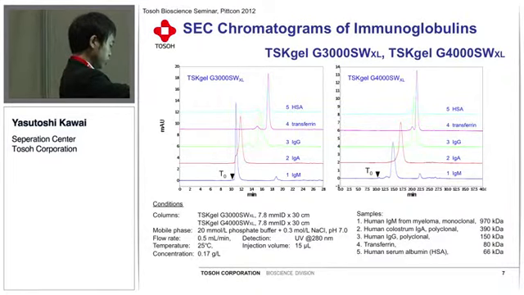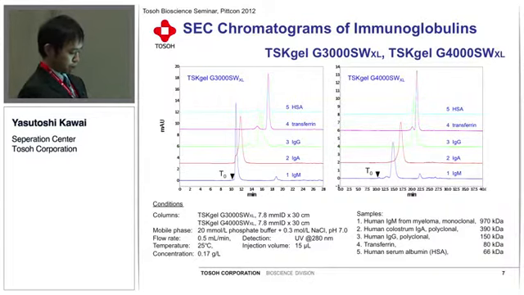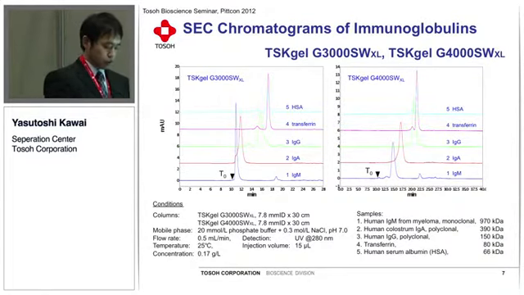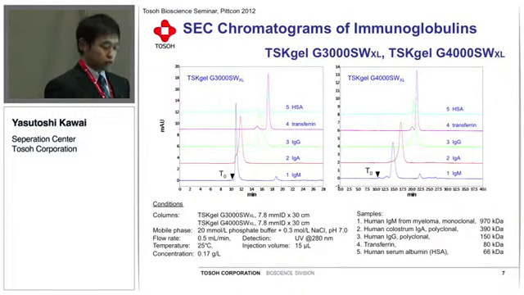The right figure was obtained with TSKgel G4000 SWXL. G4000 SWXL has a larger pore than G3000 SWXL.